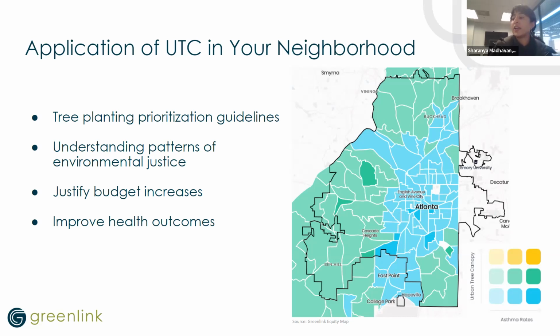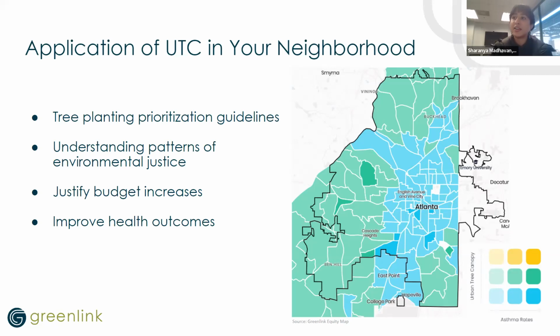The areas with darker blue show really high asthma rates but also really low tree canopy cover. This is one way we can use this data set to figure out how we want to alleviate asthma rates or these health issues, and where we want to cater planting programs or funding to help.